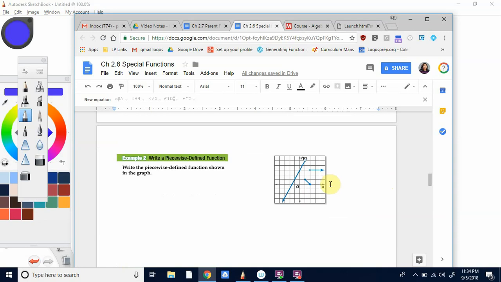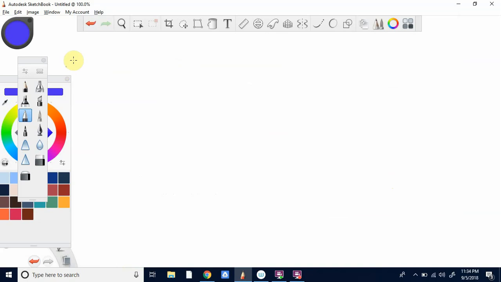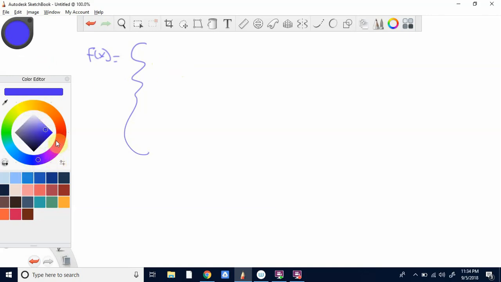So we have 3 different lines. So we know we're going to start with f of x equals, and I'm going to put a dot for each so we know we represent 3 different equations.